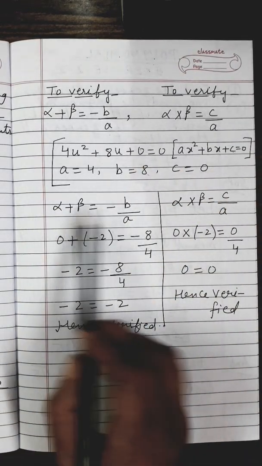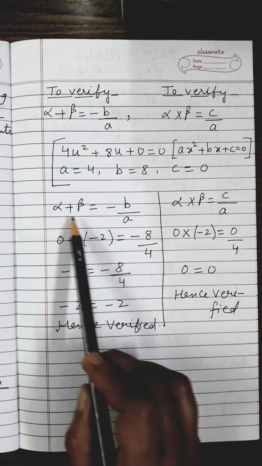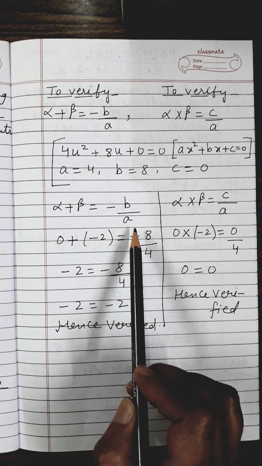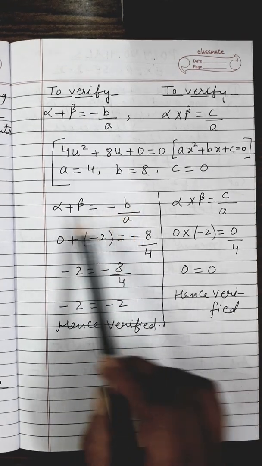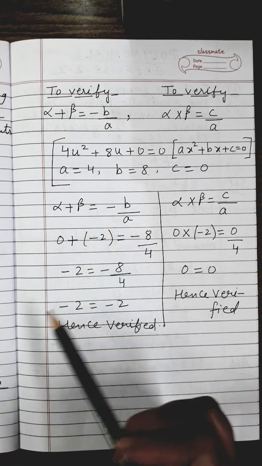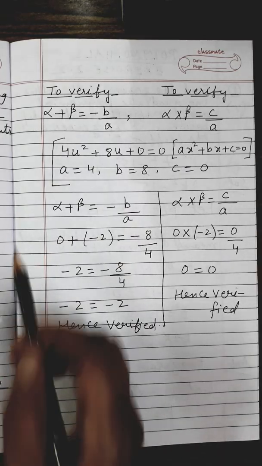Now you have to verify alpha plus beta equals minus b upon a. So I write it again: alpha plus beta equals minus b upon a. Now you have all the values of the terms given in this verification expression. Alpha we have obtained as 0, and beta was minus 2, as on the previous page.